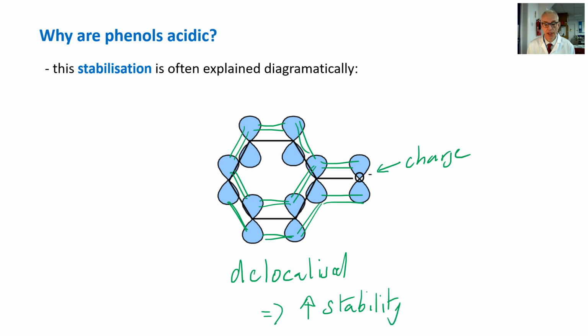So rather than the electron pair being located on the oxygen atom, as is shown in my diagram, that electron pair in the p orbital overlapping with the p orbitals of the carbons within the ring, those electrons are able to be delocalized throughout the pi system, and therefore delocalization is associated with greater stability. So the phenoxide ion is stabilized by delocalization of the charge.